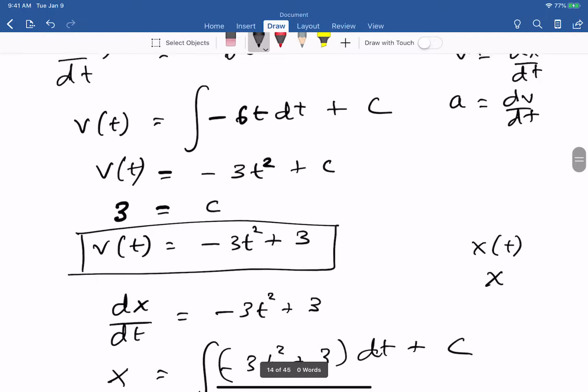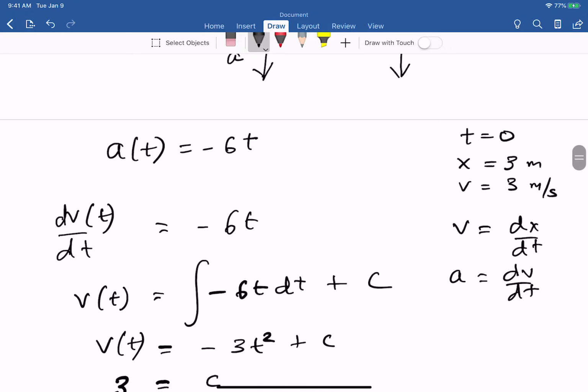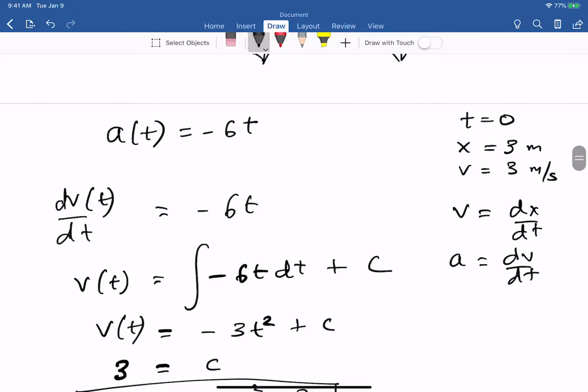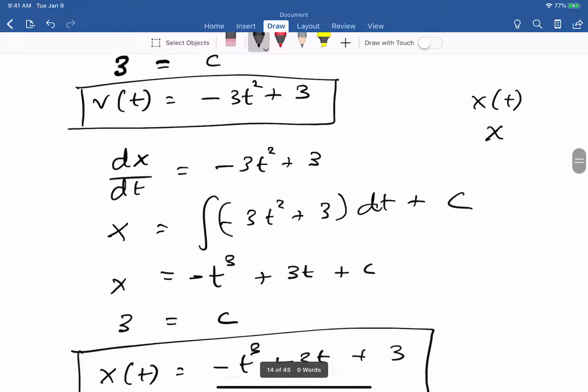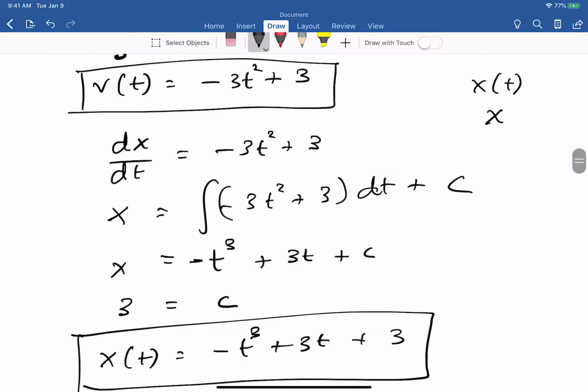So all that we did here was we used the acceleration and the initial data and the definitions of velocity and acceleration to find the velocity of the particle at any time t and also the position of the particle at any time t. So with these two boxed functions, we know everything about the motion of the particle.